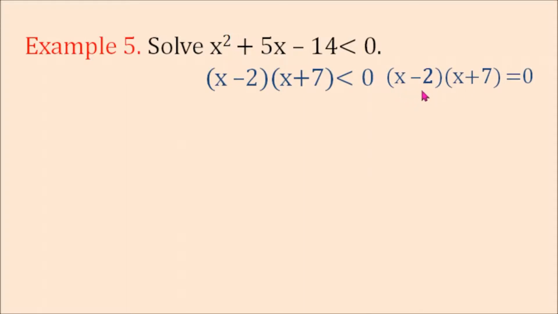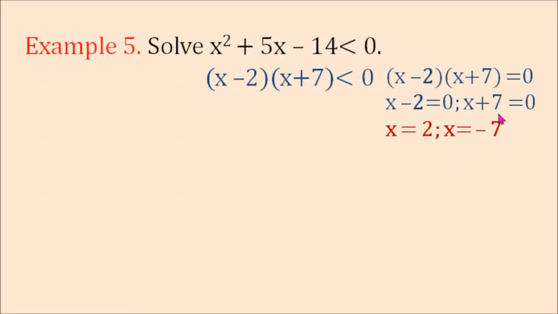So we have the quantity x minus 2 times the quantity x plus 7 equals 0. Equating both factors to 0, we have x minus 2 equals 0 and x plus 7 equals 0. Now for our first equation, we add 2 on both sides, so that's x equals 2.